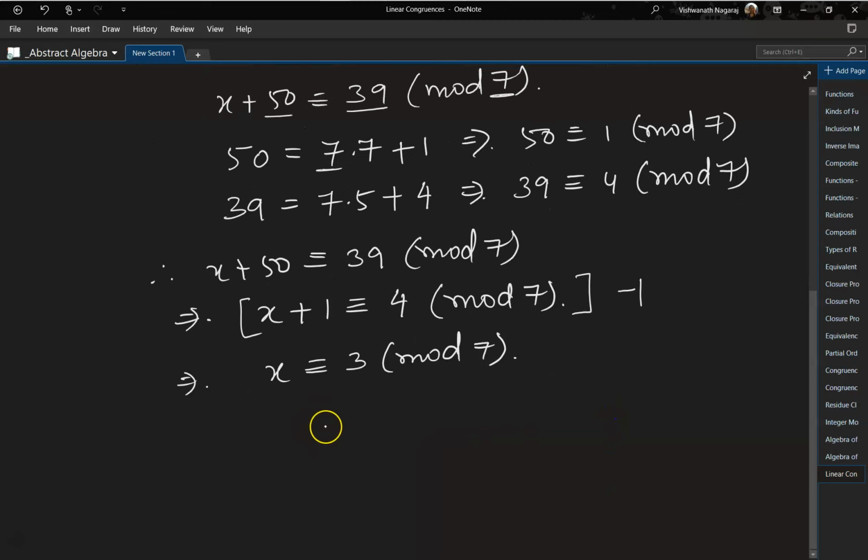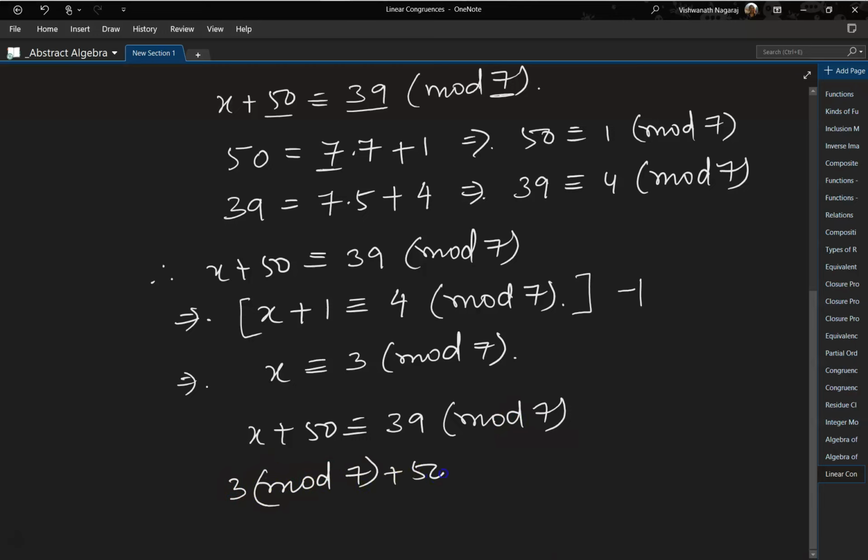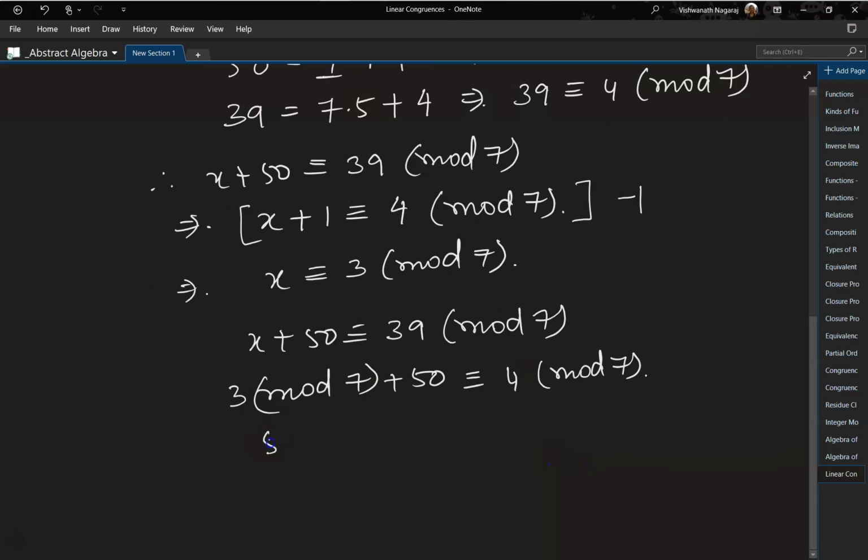How do we verify that it is correct or not? Let's figure that out. We have X plus 50 is congruent to 39 mod 7. Now X is 3 mod 7, plus 50 is congruent to 4 mod 7. Let's take 3 mod 7 to the other side. What do we get?